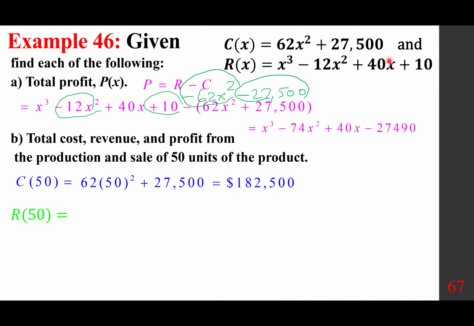Revenue, plug it into this. What number? 50 units. So plug in 50 and evaluate that. So 50 cubed minus 1250 squared plus 440 times 50 plus 10. Again, use a calculator.